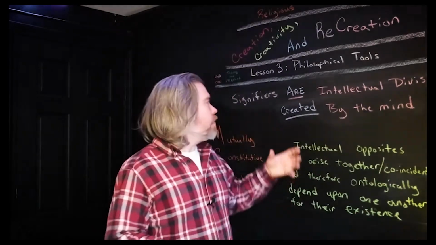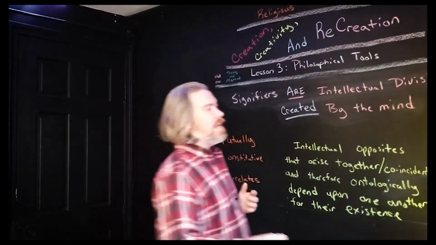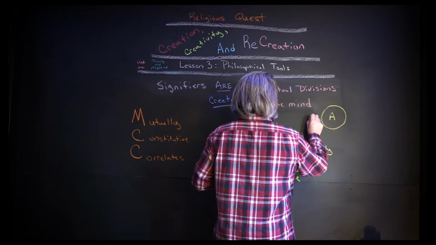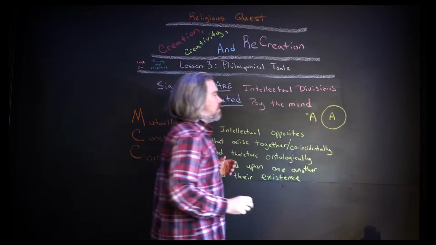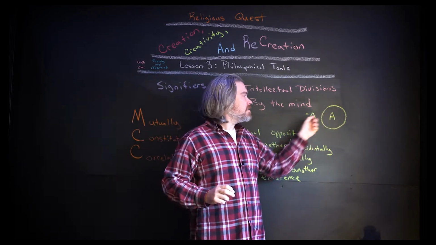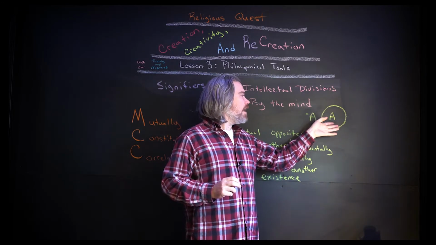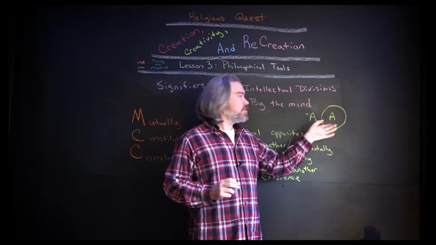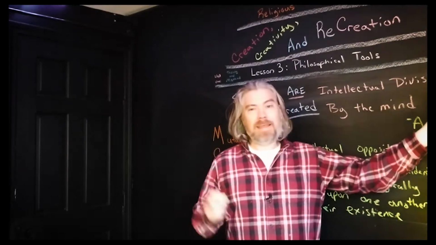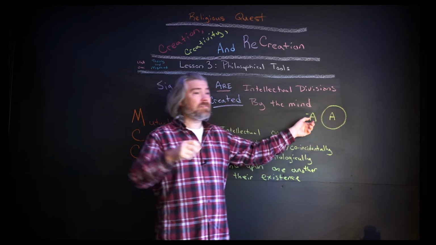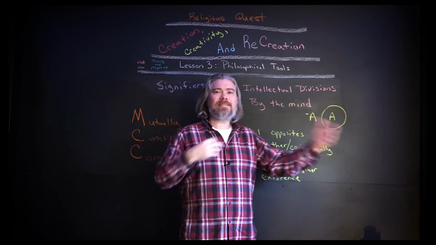So likewise, signifiers, by dividing reality into logical conceptual divisions, using the law of identity, non-contradiction, and excluded middle, then we can see that any signifier is a mutually constitutive correlate. It causes that thing, that idea, that signification to come into being, but also its opposite, that from which it is distinguished, right?